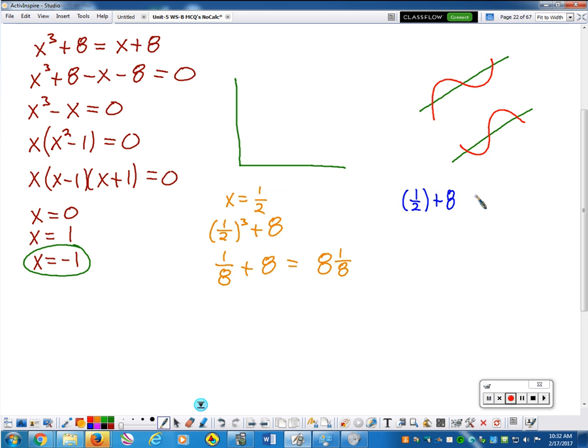So which one is higher? That 8 1/2 one. So I've got 2 points. This one has a point at 1/2, comma 8 1/8. This other one has a point at 1/2, comma 8 1/2.